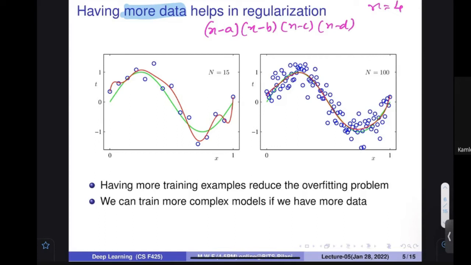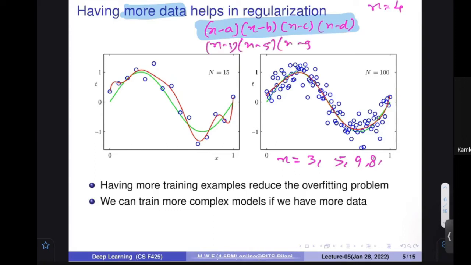If I say that this is my model, I can give you any 4 points of x. I can give you x equal to 3, 5, 9, and 8. So you can write x minus 3, x minus 5, x minus 9, and x minus 8. Whatever this equation comes to, it is going to represent my data completely, because all the x values can be incorporated into this. Whenever you put any of these values, the value becomes 0. So the highest power tells me how many points I can directly learn.